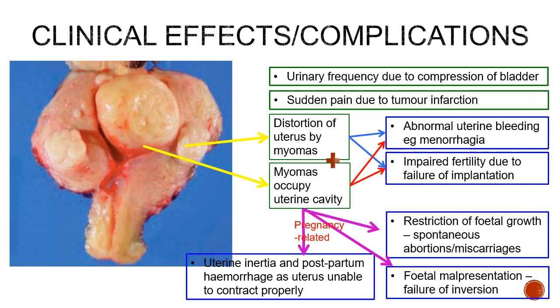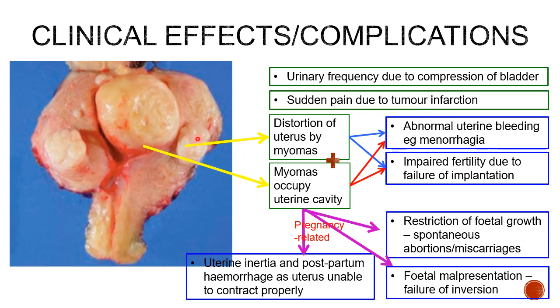Clinical effects and complications of leiomyoma depend somewhat on their size, their number, and their location. So it can produce some mass effect such as urinary frequency if there is compression of the bladder. The patient can present with some pain, especially if the tumor grows to a large size and there is infarction within the tumor.